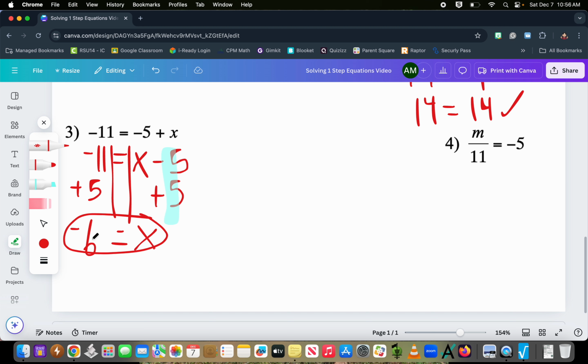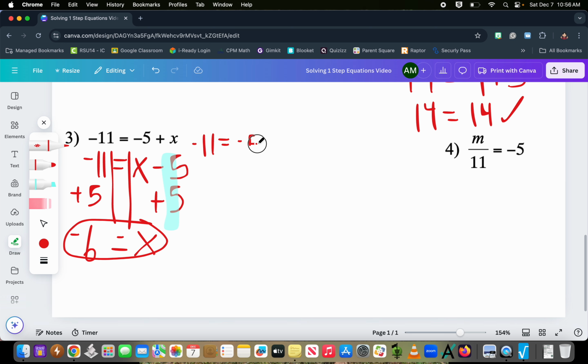Last step, now I plug it back into the original. So I say negative 11 equals negative 5 plus negative 6.